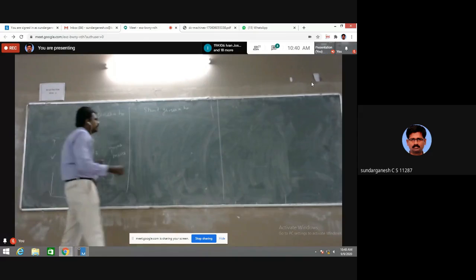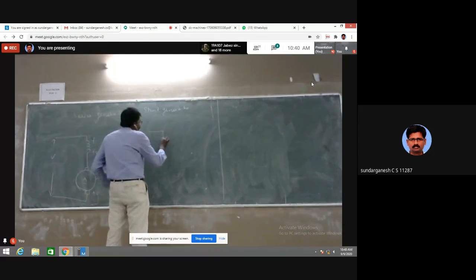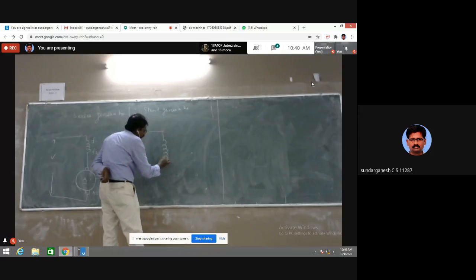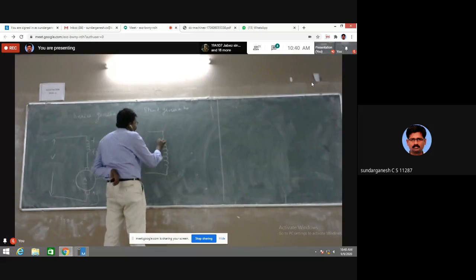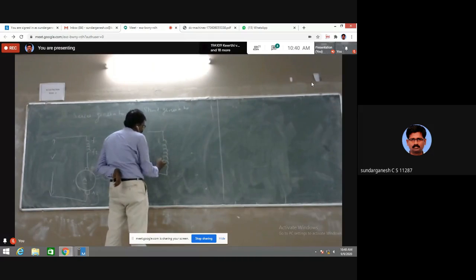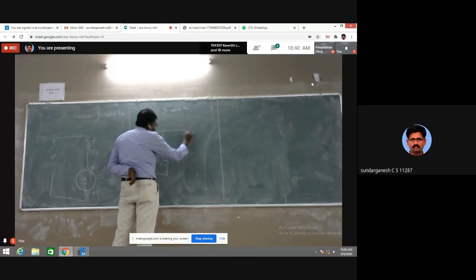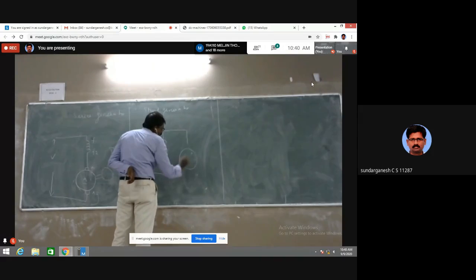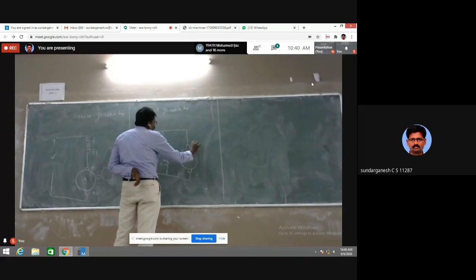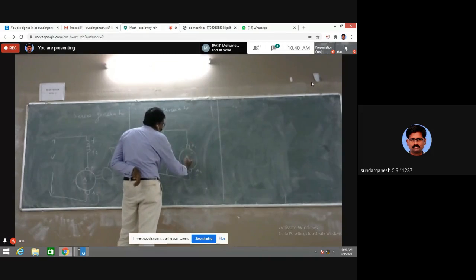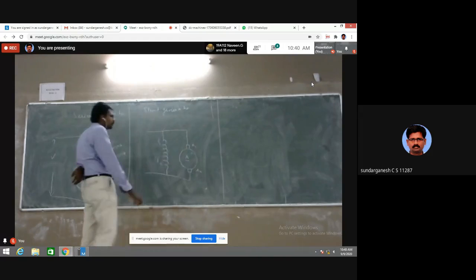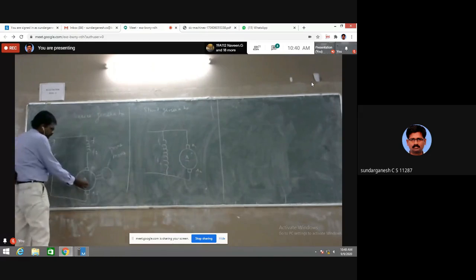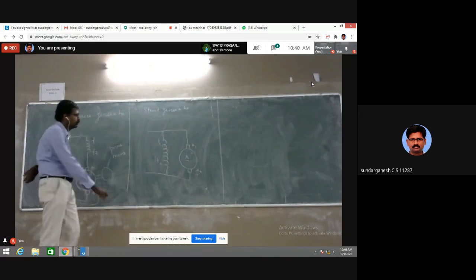So in the shunt generator, the field coil as well as armature are in parallel. If it is a DC machine, you have to put a line like this to indicate that DC supply is flowing.